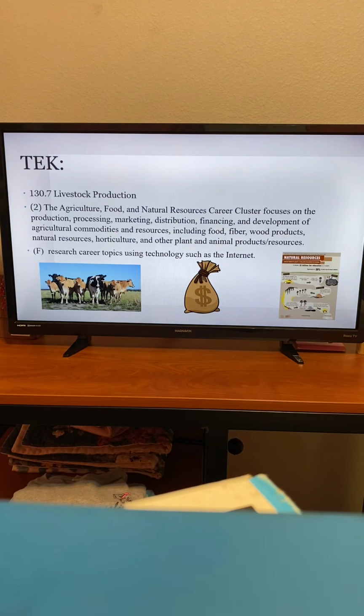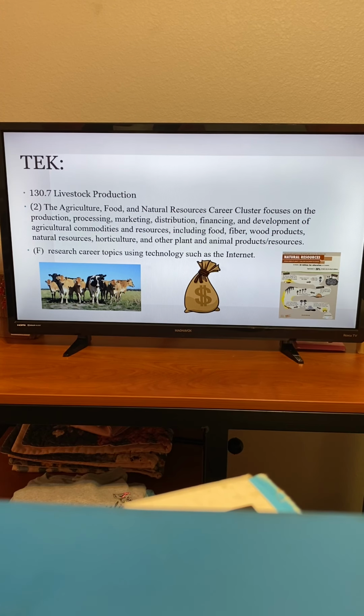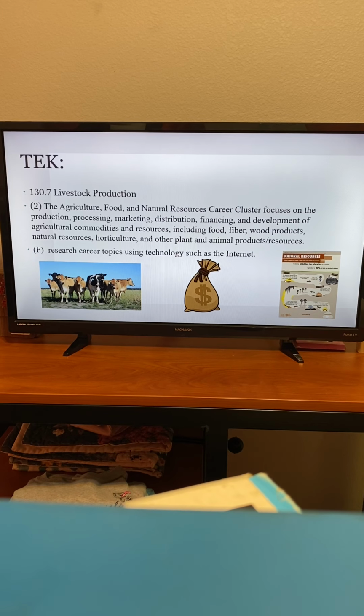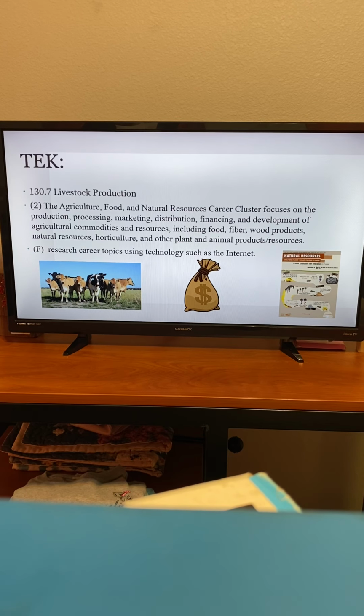To start off, my TEK is 130.7, Livestock Production. The Agriculture, Food, and Natural Resources Career Cluster focuses on the production, processing, marketing, distribution, financing, and development of agriculture commodities and resources, including food, fiber, wood, products, natural resources, horticulture, and other plant and animal products or sources.